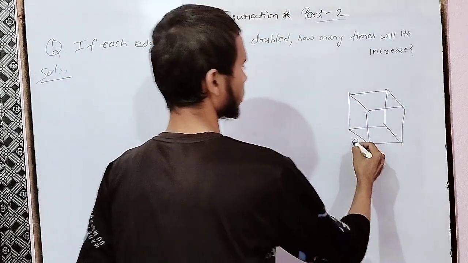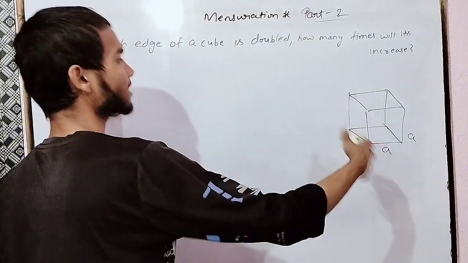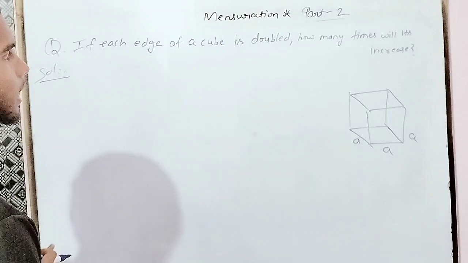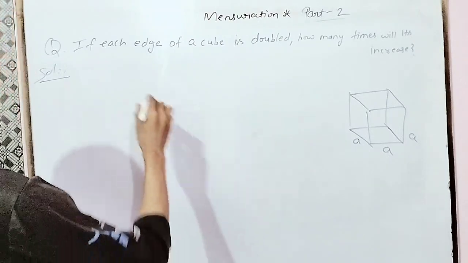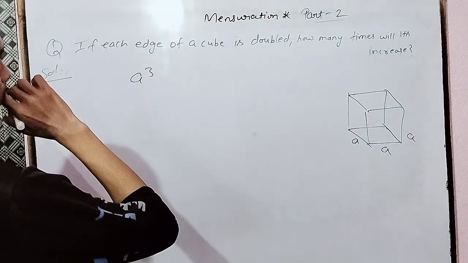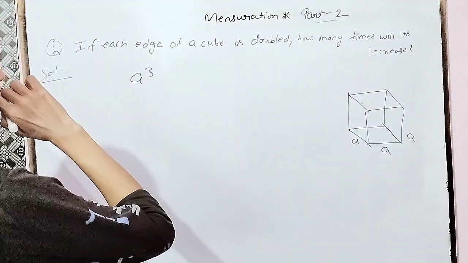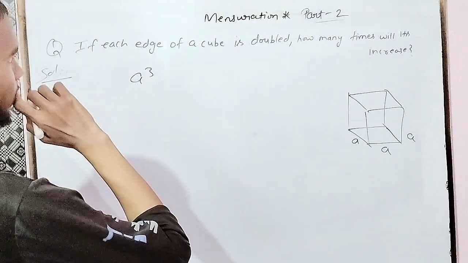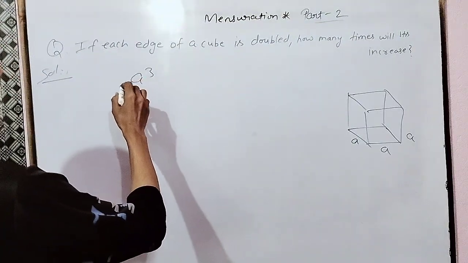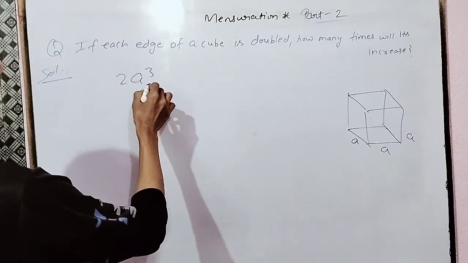This is a cube, and it is doubled. So how many times will it take? One is a cube, and second is 2 times.